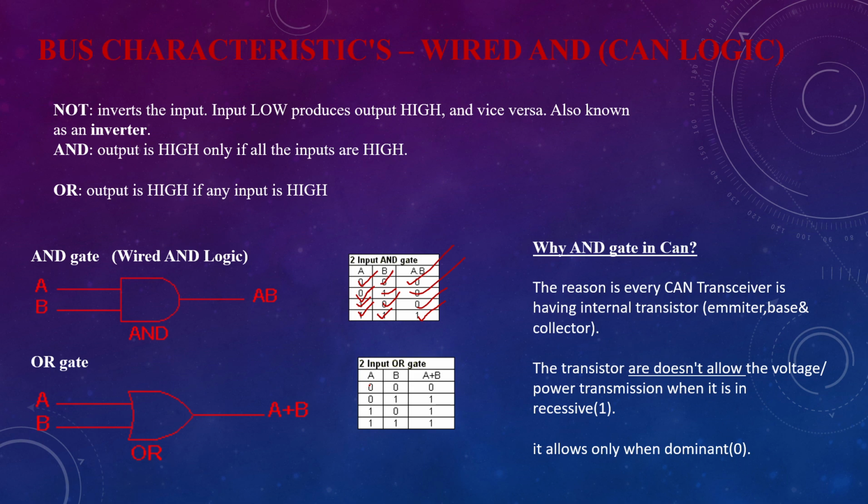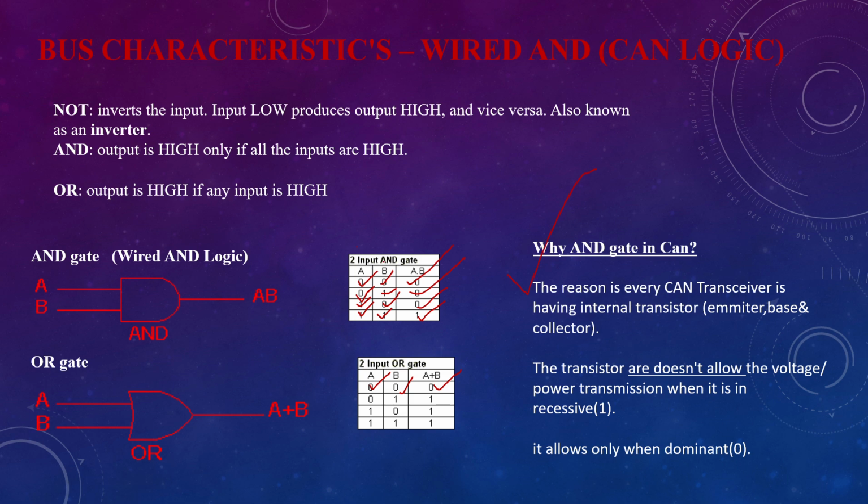So you see here, this is dominant, this is dominant, this is dominant. In the AND gate, for every bit in the message, see here A and B. If any one bit is dominant, then it will dominate.